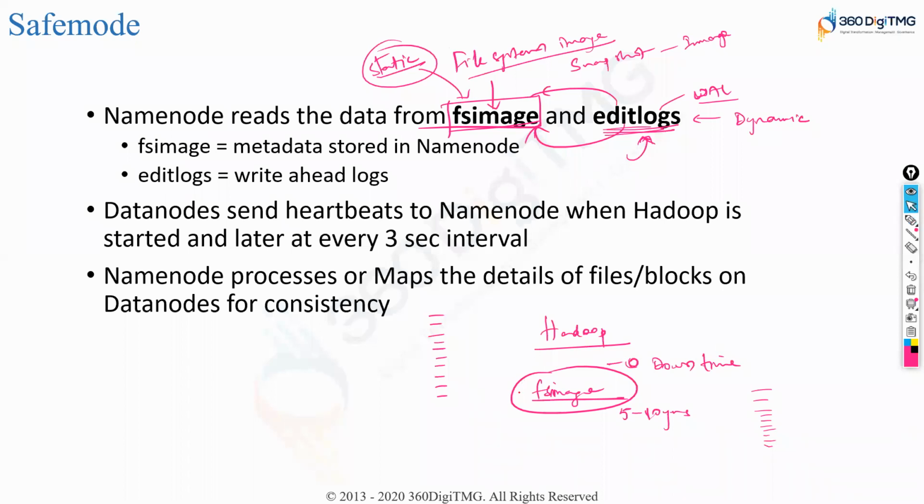Right? Now, how do I overcome this problem? Because what if the service goes down? What if my service is, let's say I started the Hadoop service in, let's say 2010. Now in 2020, the service got crashed.